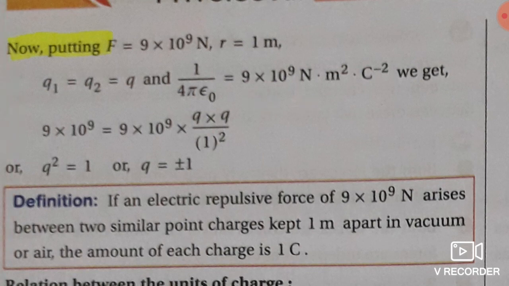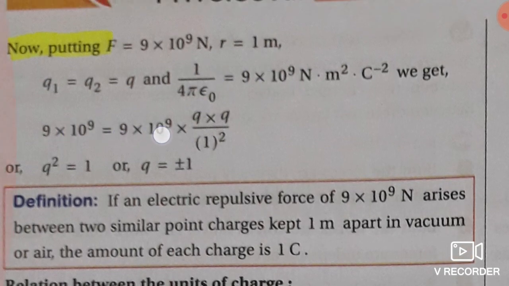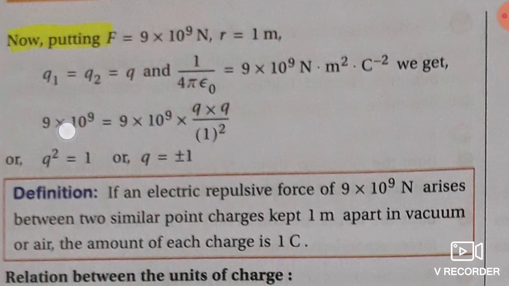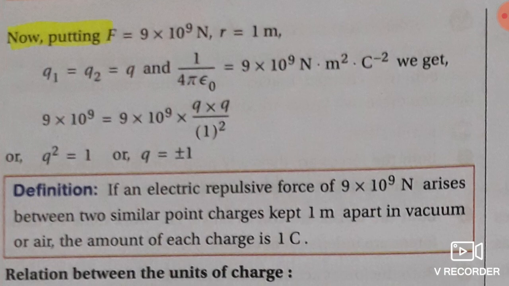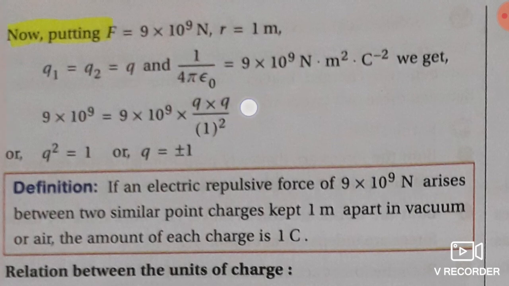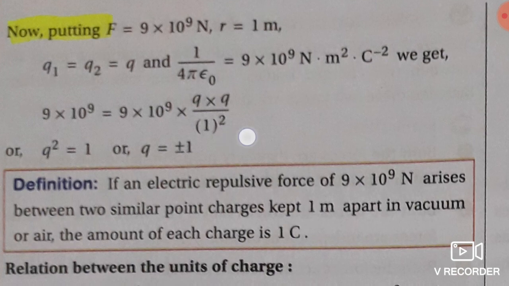So putting all the values in Coulomb's law, we know that Coulomb's law is F equal to 1 by 4 pi epsilon 0 Q1 Q2 by r square. So putting the value of F equal to 9 into 10 to the power 9 and 1 by 4 pi epsilon 0 equal to 9 into 10 to the power 9, Q1 Q2 is Q into Q by r square, and r is equal to 1, so 1 square.